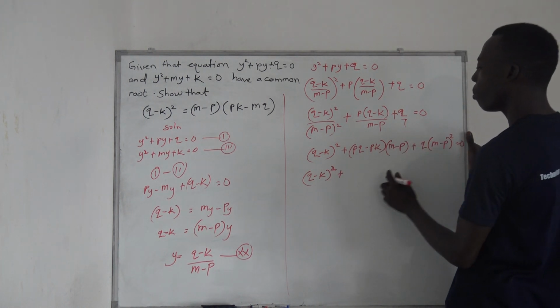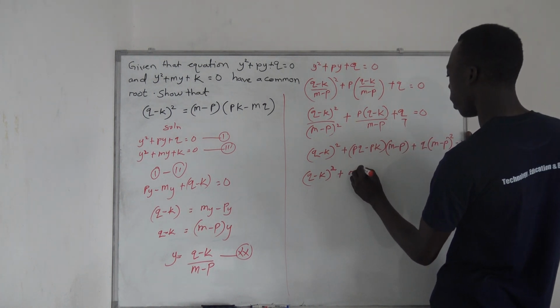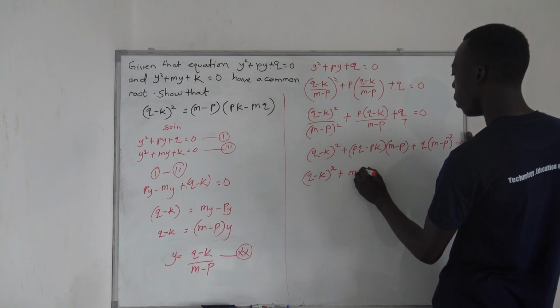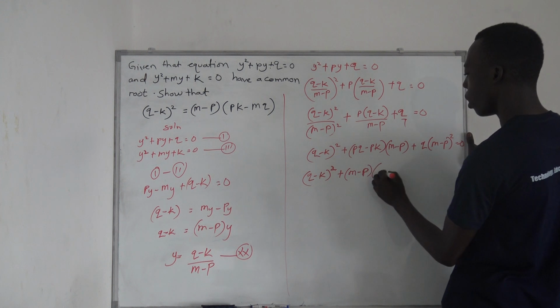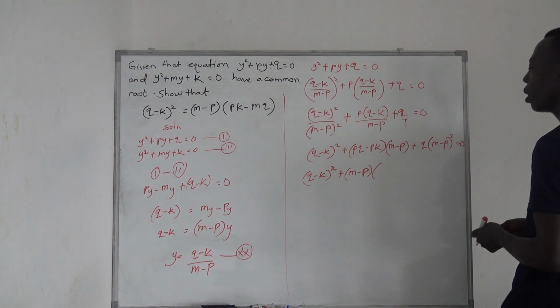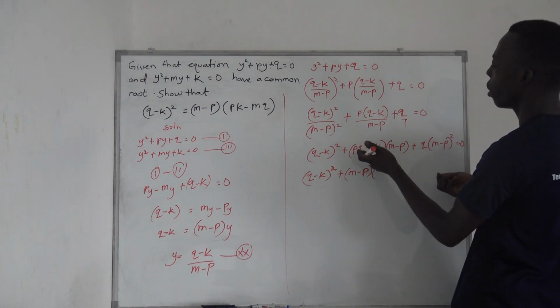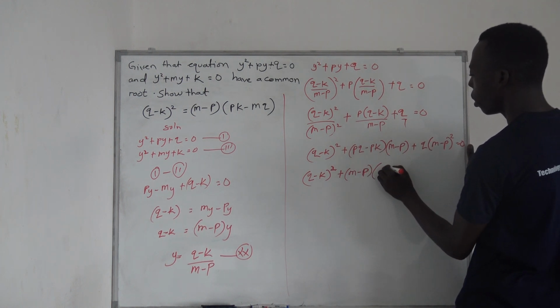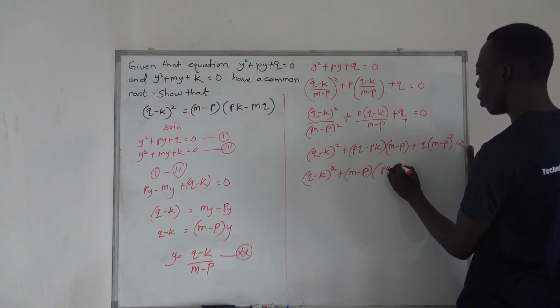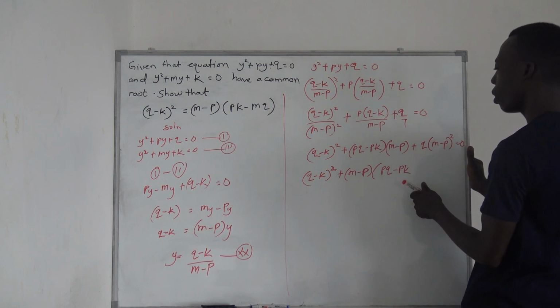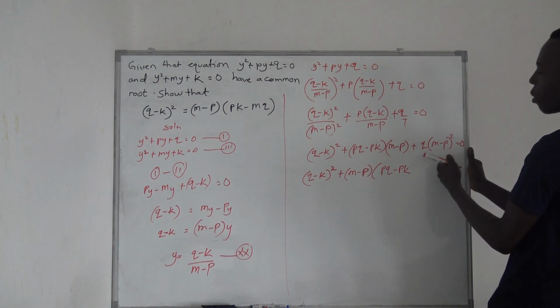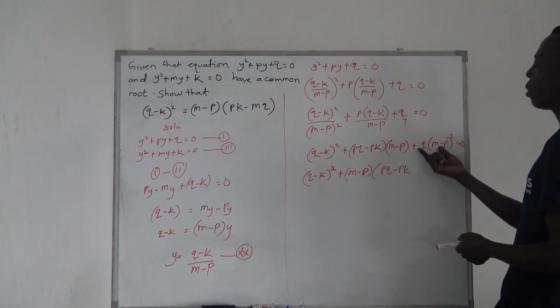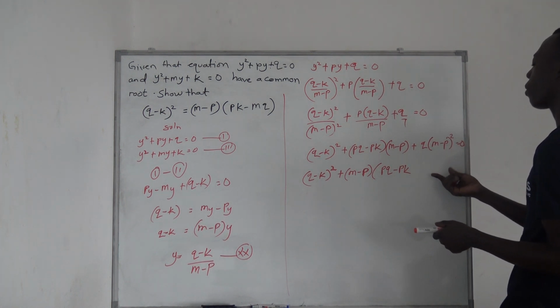This one is common, so we factorize, which is m minus p. So again, multiply by, so there is this one, and here we shall remain with pq minus pk. So now we have this side, so we shall remain with only one m minus p.